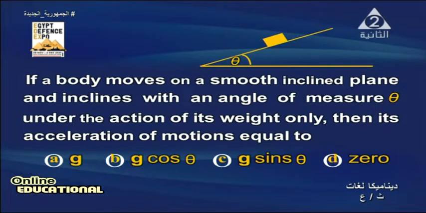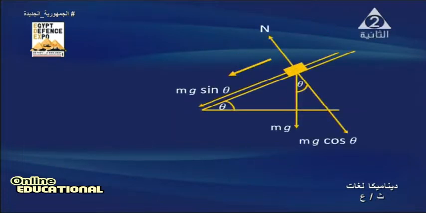Now we have a body that moves on a smooth inclined plane, inclined to the horizontal with an angle of measure theta as shown in the opposite figure. Then the body moves under the action of its weight only. Then what is the value of its acceleration in this case? We have a body of mass m.